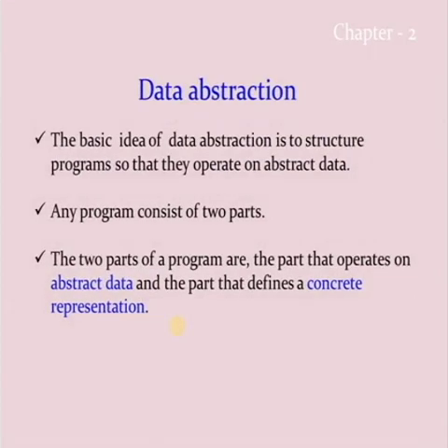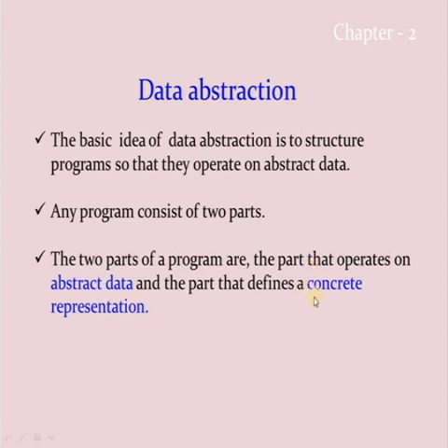I hope you remember that. Okay. For creating an abstract data type in our program, that should contain two parts. What are they? The part that operates on abstract data and the part that defines a concrete representation.